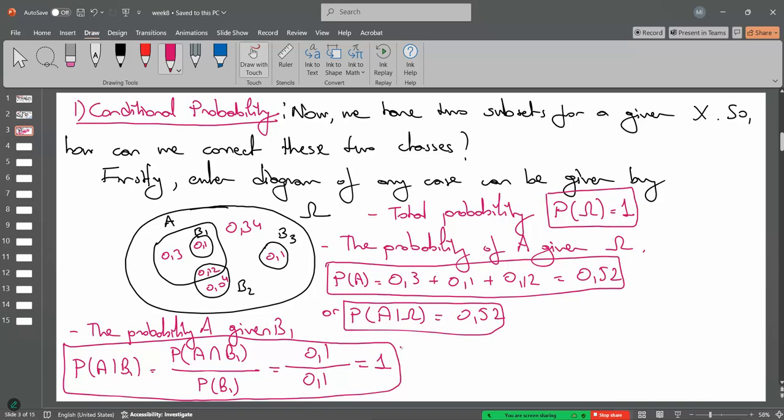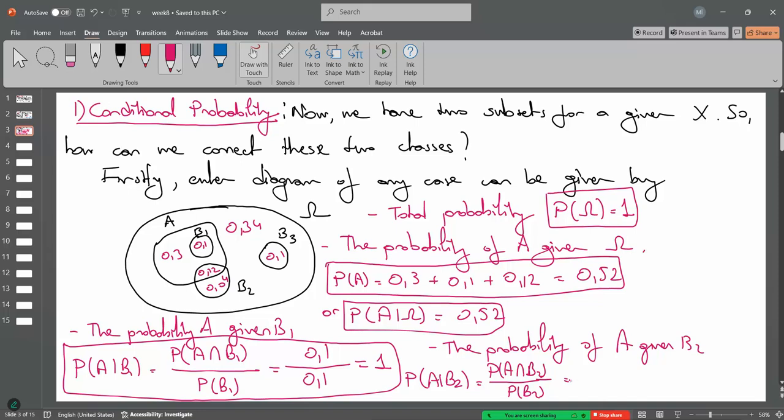And also we can write the probability of A given B2, P(A given B2), which is equal to P(A intersection B2) divided by P(B2).